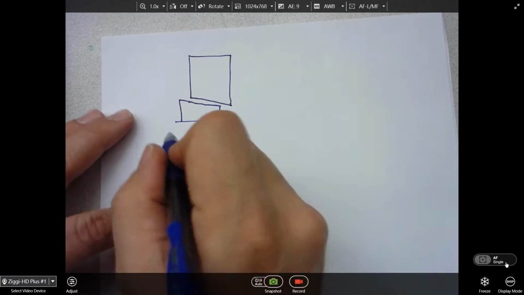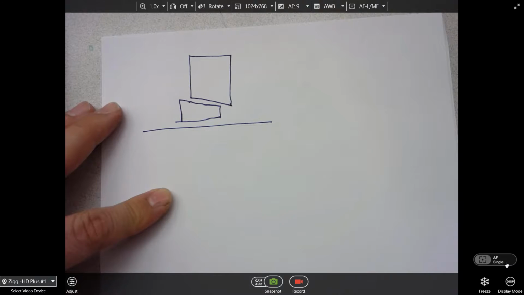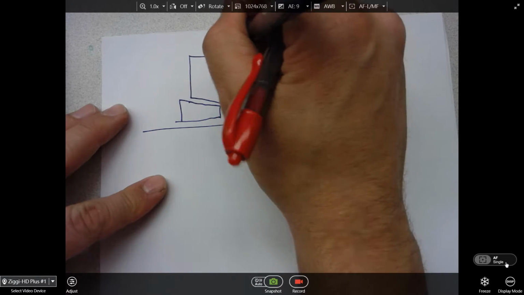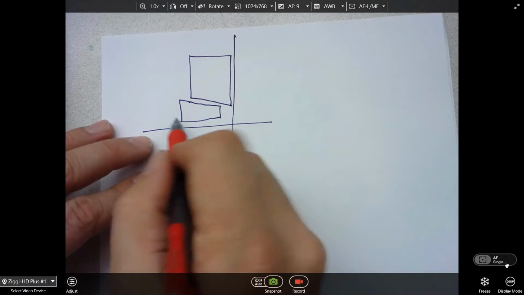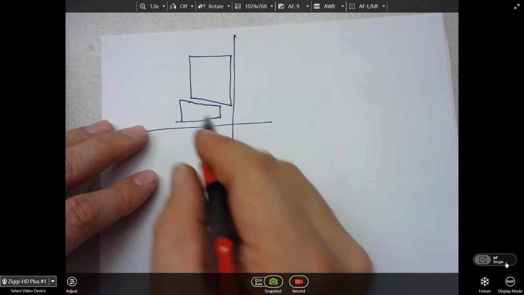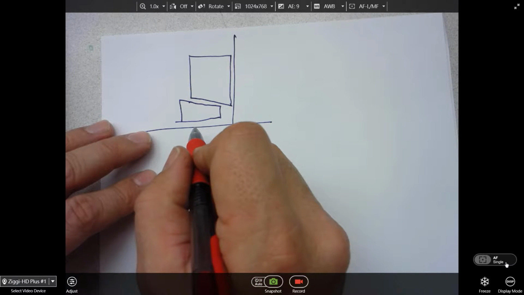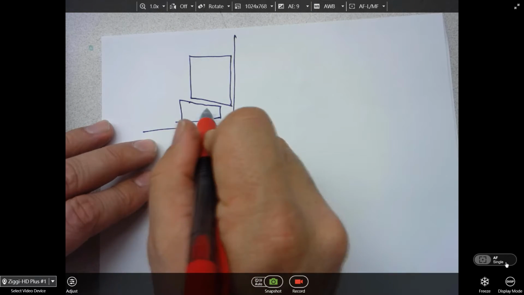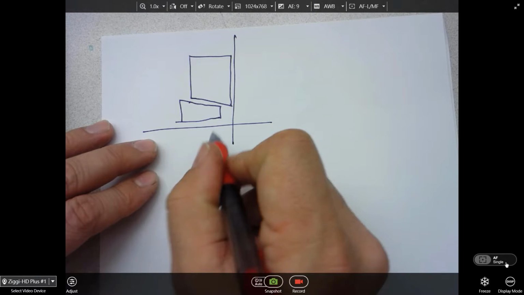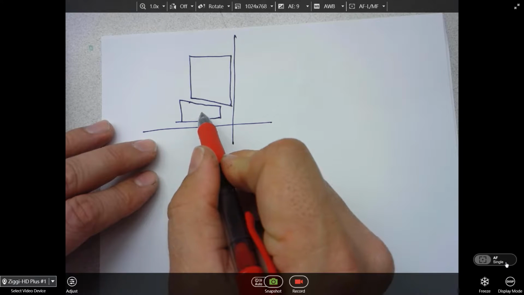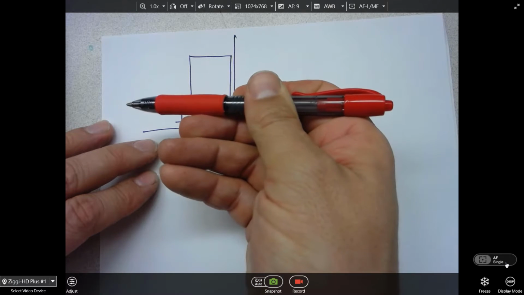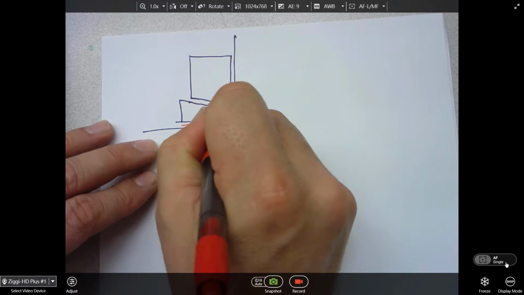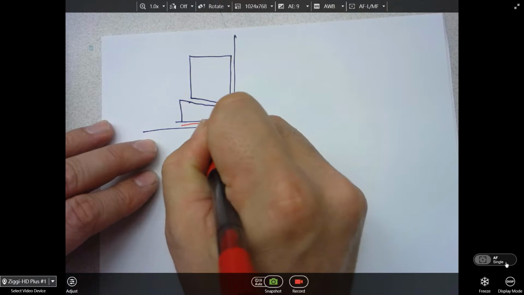Okay, so here are our two bodies, our wedge and our block, and here's the wall. If the wedge is about to slide out, what direction would the force of friction be on the wedge? Which way is impending motion for the wedge happening? The impending motion is it's getting kicked out, so the force of friction reverses direction and would be in this direction.